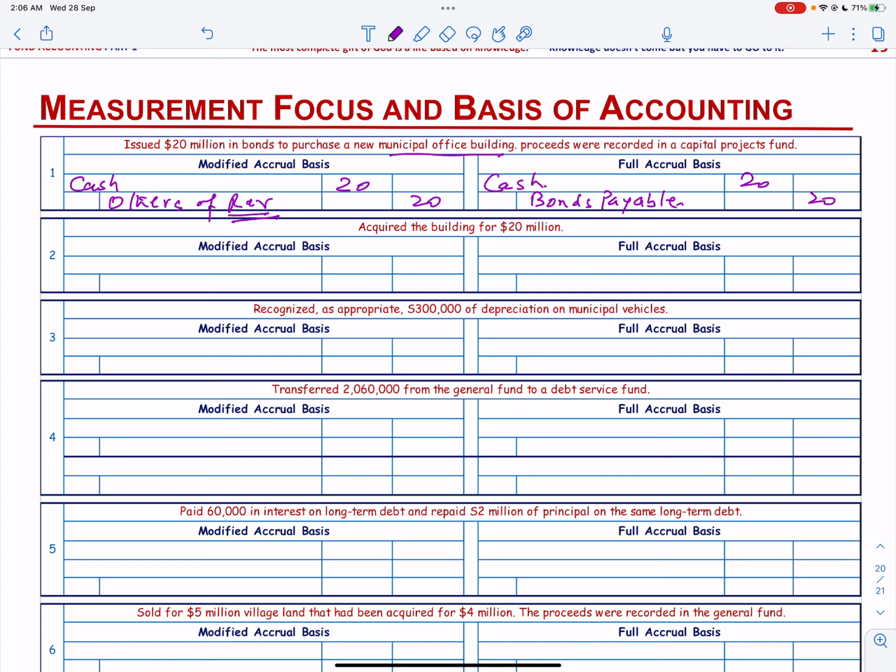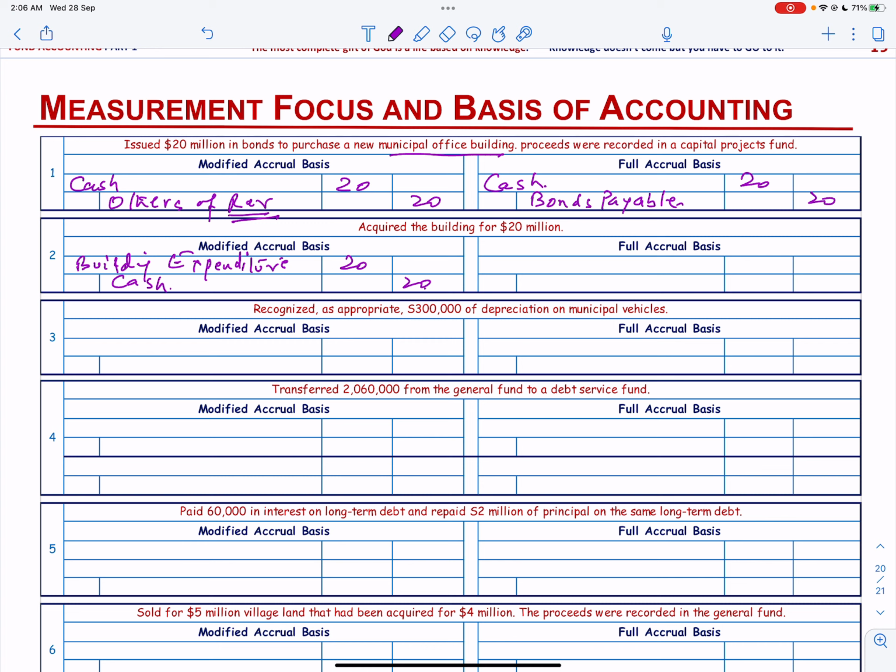So under modified, this will be building expenditure, debit, and cash is credit for 20 million.